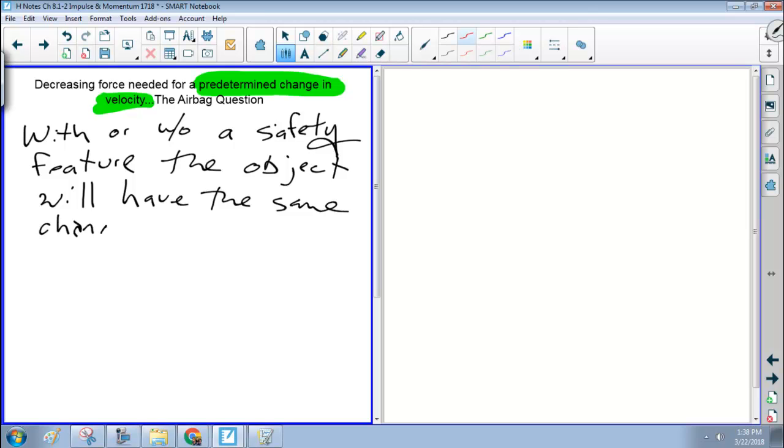In other words, your velocity has to go from whatever to usually 0, right? Follow? And therefore, I'm going to write thus because it's less letters. And thus, the same change in momentum.